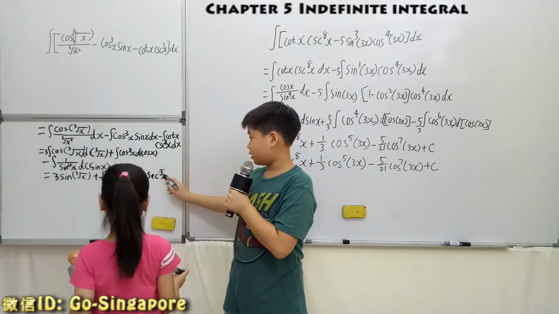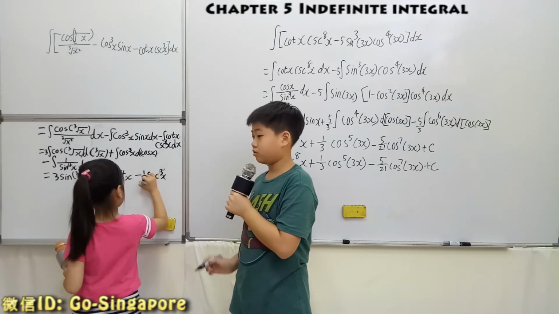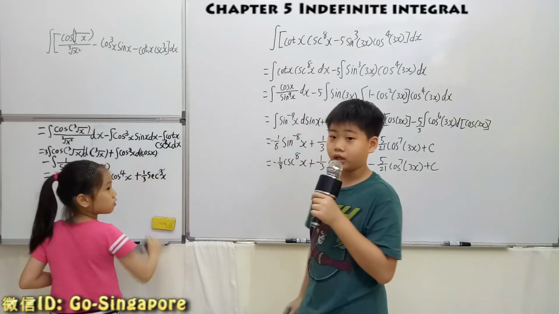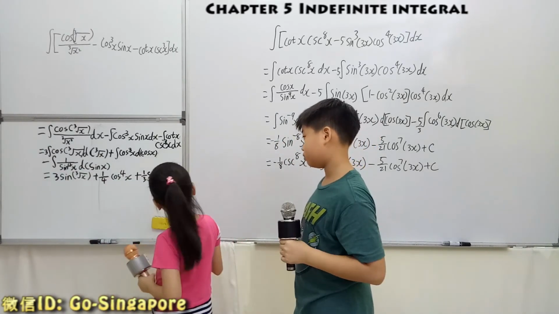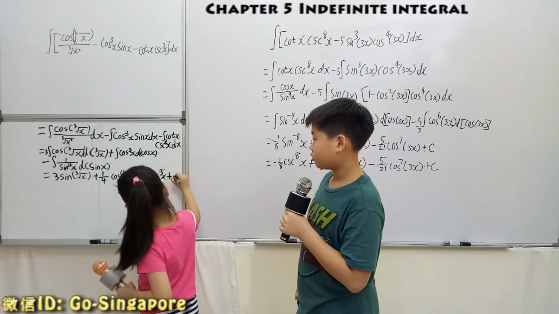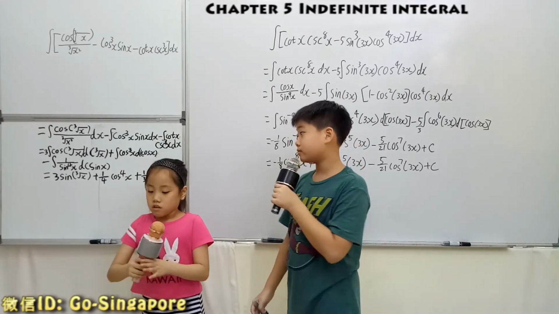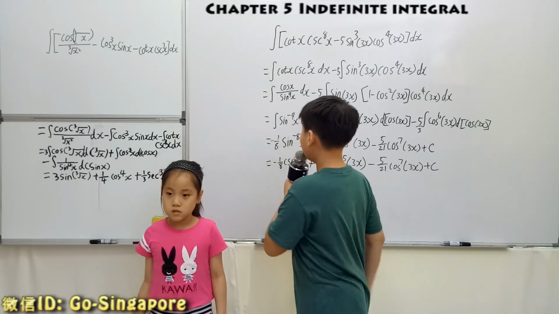So because that is a 3, you need a, and also, yes, that's a plus. Then, okay, so are you sure that that's the answer? Okay, so that is the answer.